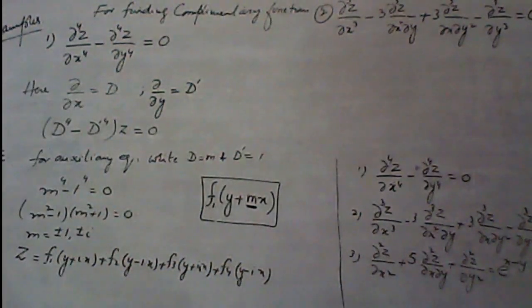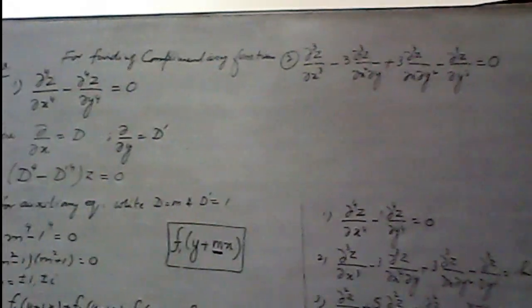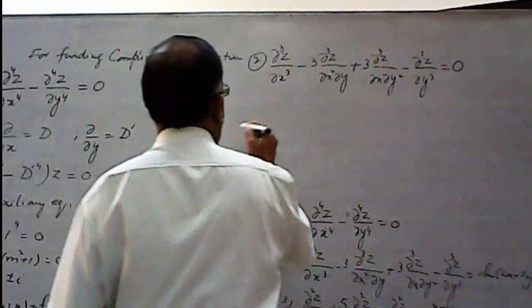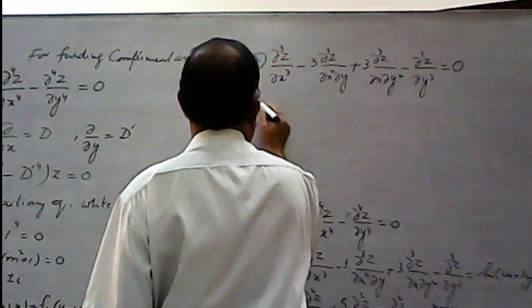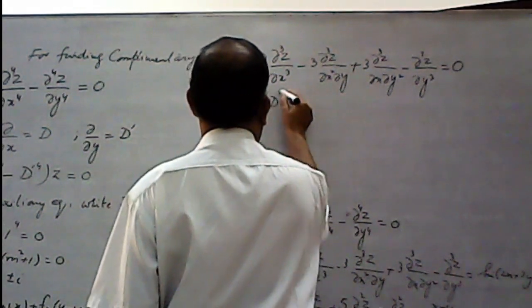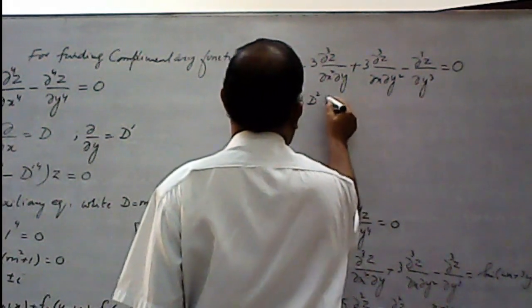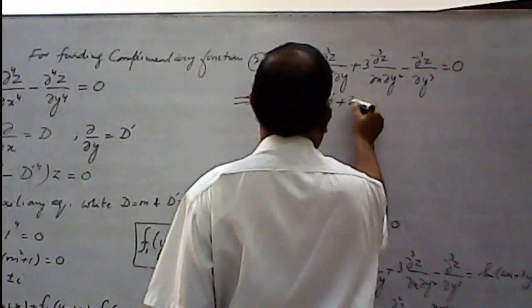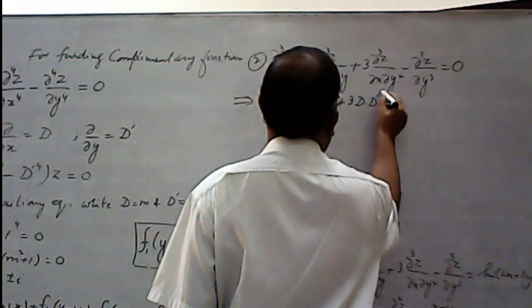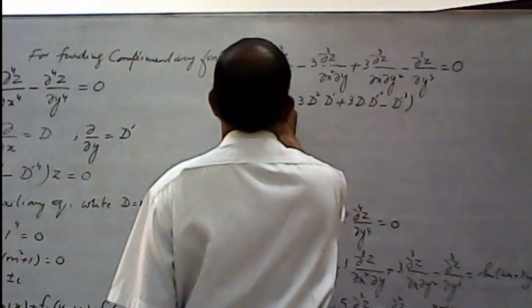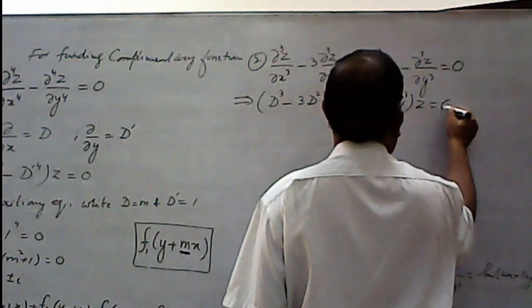Now we have example number 2 for finding the complementary function. So first of all, transforming it into operator D form: D^3 minus 3D^2 D dash plus 3D D dash^2 minus D dash^3 into z equal to 0.